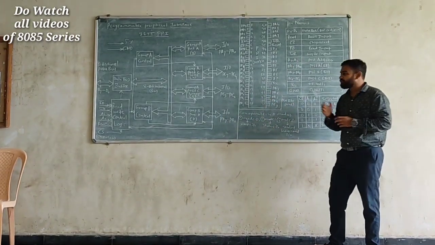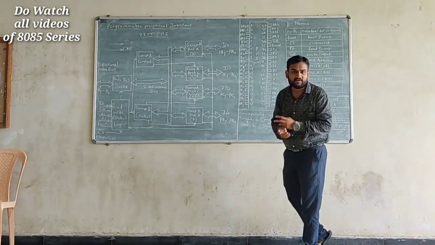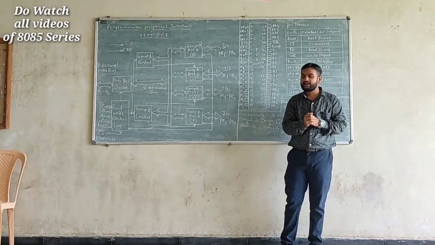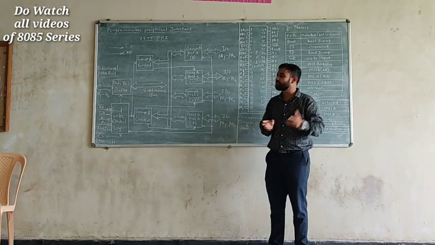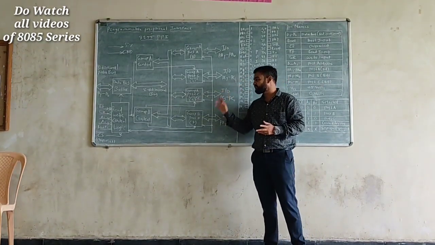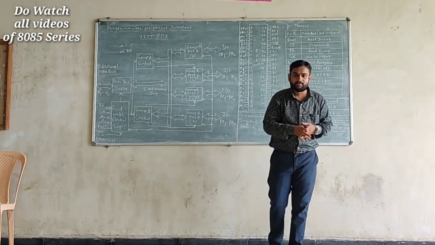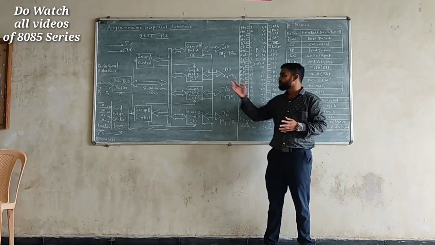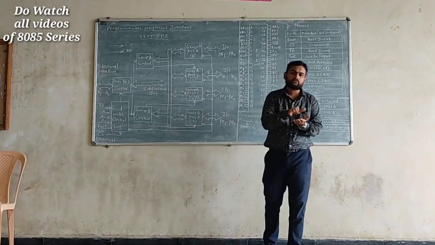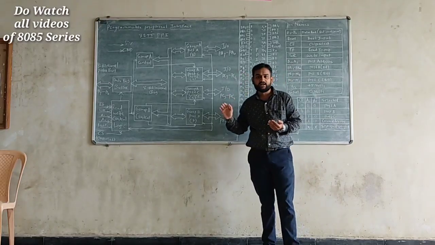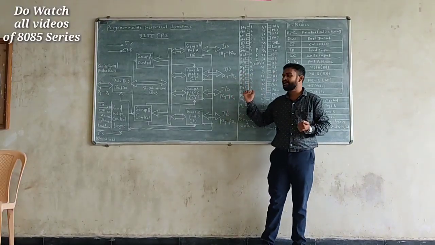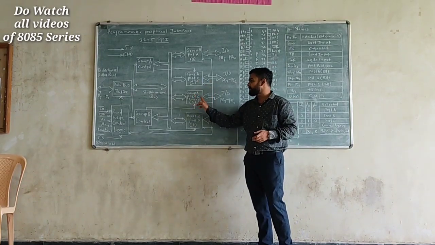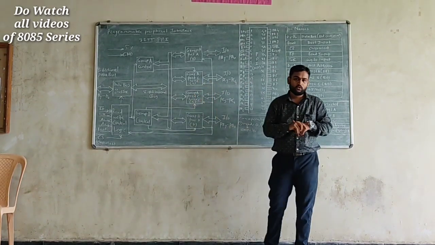Among those 40 pins, 24 pins are available as parallel ports, which are divided into three different ports: port A, port B, and port C. Port A and port B are individual 8-bit ports, whereas port C is further divided into two groups, group A and group B, with 4 individual pins each: port C upper and port C lower.